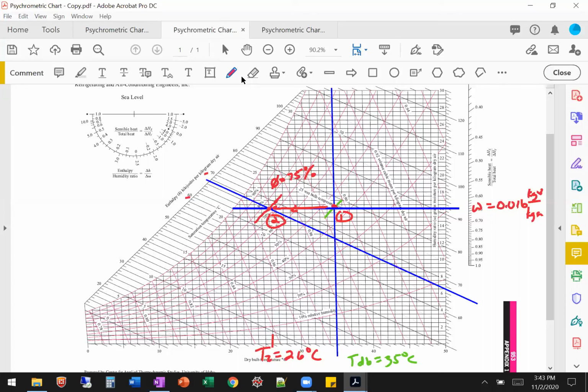We did enthalpy. Okay, at the H1, where we got about 76.